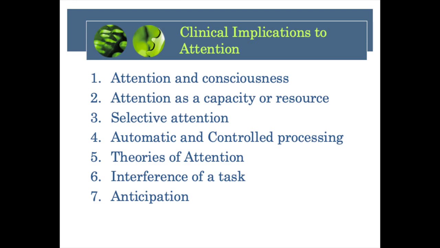When we think about interference, and what else is going on in the environment that could interfere and maybe involuntarily pull their attention away. When we think about automatic processing versus controlled processing, and how much attention that takes. And again, really think about some of those things that you're calling reflexive.